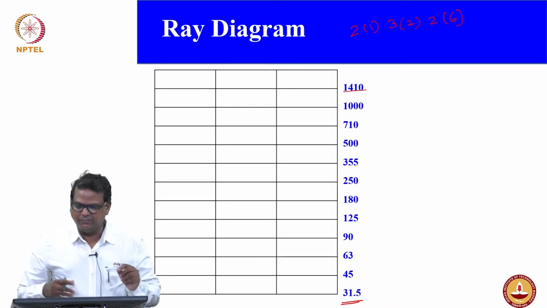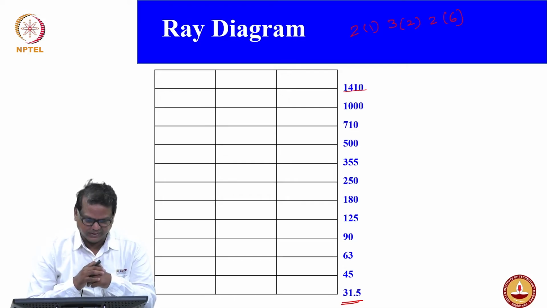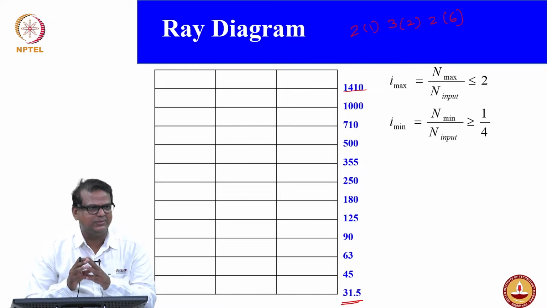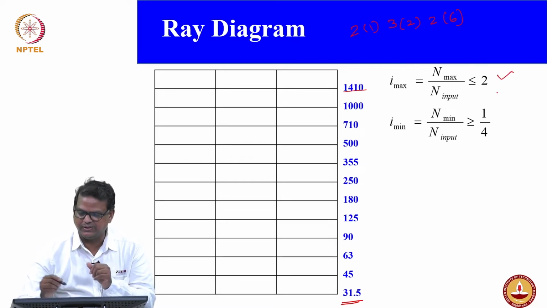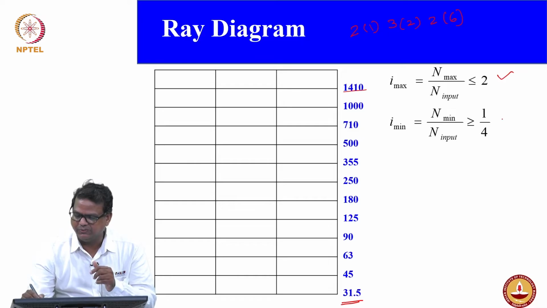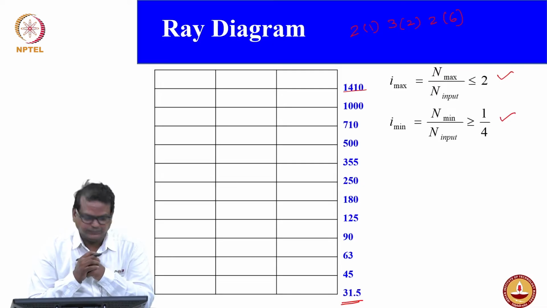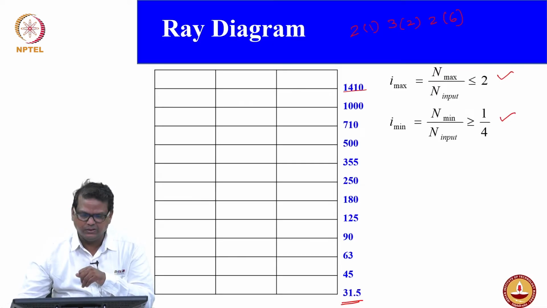Okay. Now we will take the ray diagram, and we have to follow the same thumb rule for the maximum gear ratio and the minimum gear ratio.